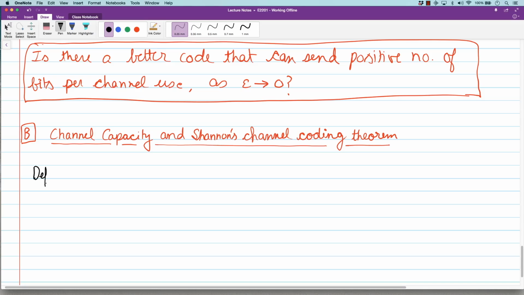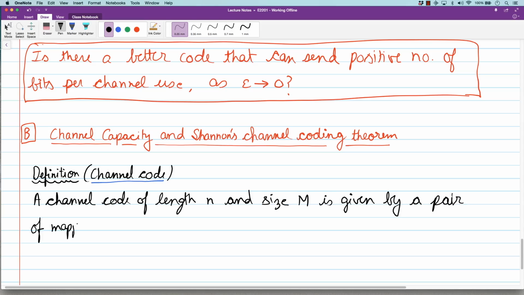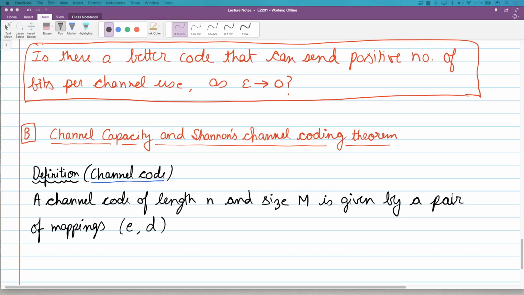Let us start with the definition of a channel code. So a channel code of length n and size m is given by a pair of mappings, the mapping E and the mapping D, where the mapping E is the encoder mapping and D is the decoder mapping.